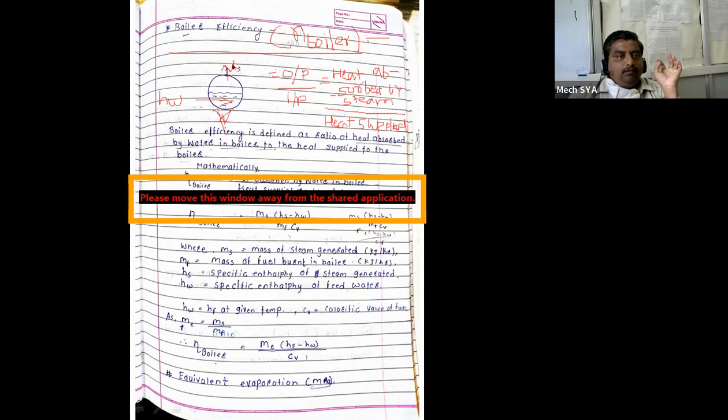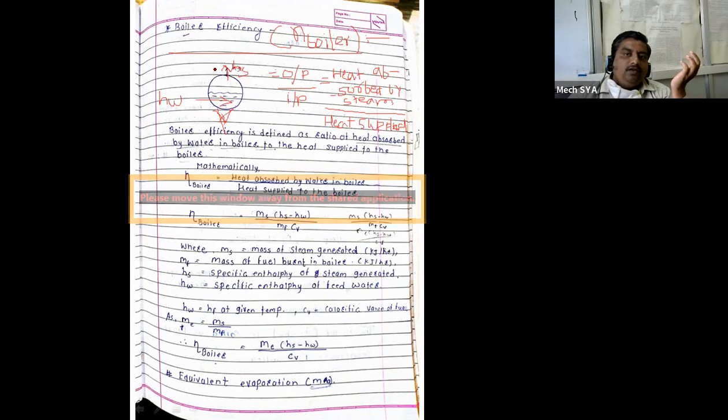Okay. So initially the water has enthalpy HW, and when it is converted into steam by absorbing heat from the fuel, this HW will convert into HS.